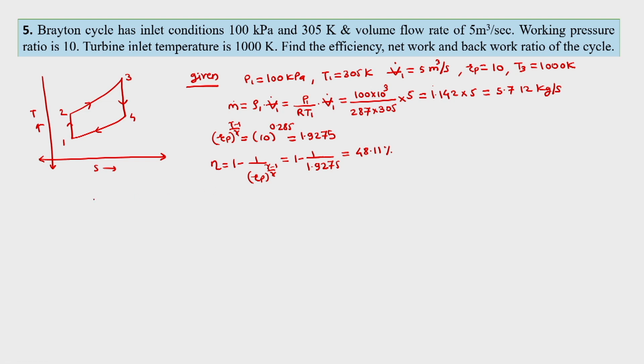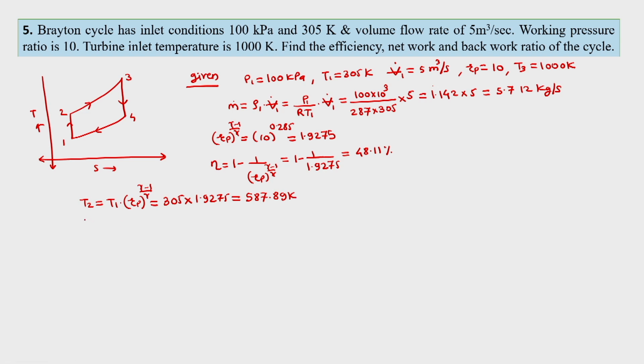Now we are supposed to find out W net, so we should know all the temperatures at all the corners. So we can find out T2 is equal to T1 into Rp raised to (gamma minus 1) upon gamma. So T1 is 305 into 1.9275. So T2 is equal to 587.89 Kelvin.